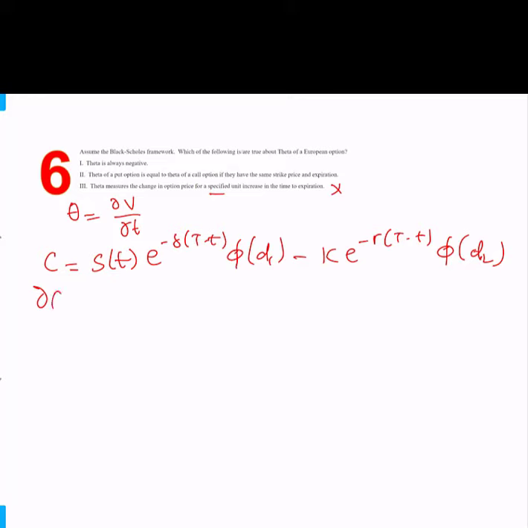So if we differentiate with respect to t, the partial of c with respect to t, this one should be a long derivation, right? You see the psi of t is positive. So we got, is it positive or negative?